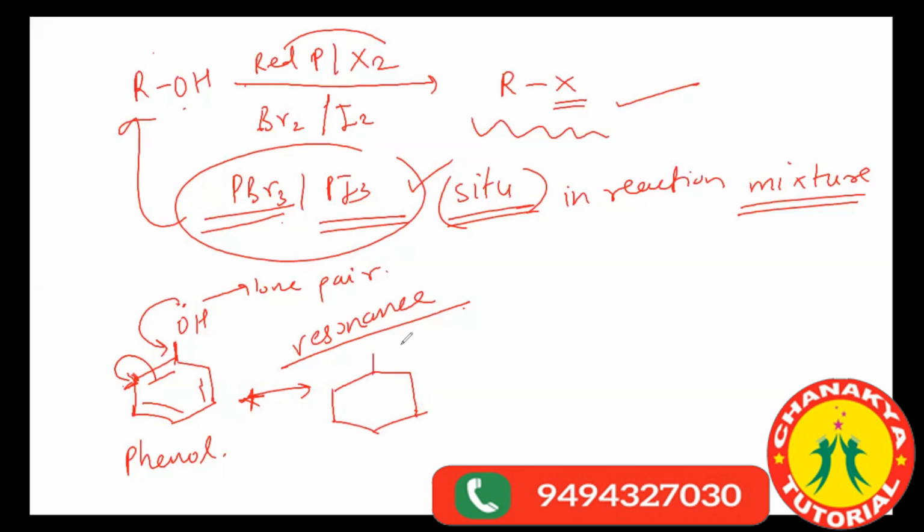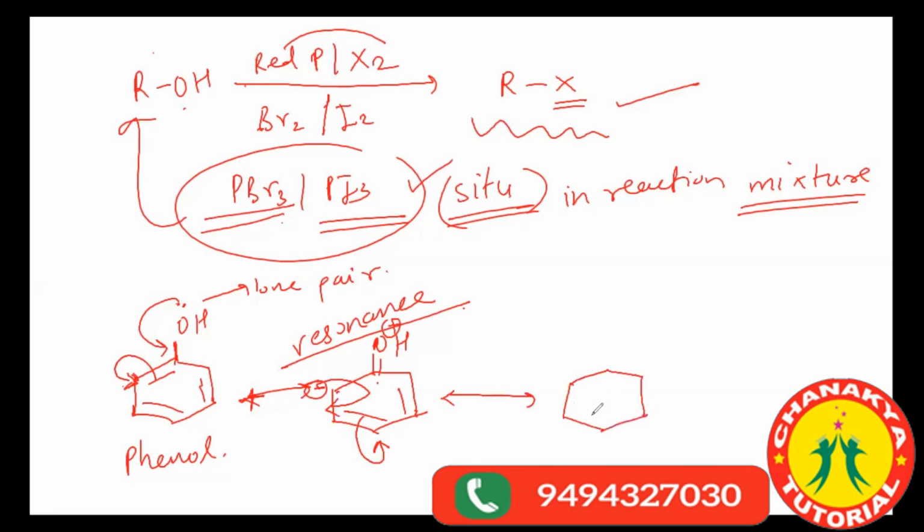So it becomes a double bond to OH, and oxygen becomes positive in nature due to donation of the electron for the formation of the double bond. This double bond has been shifted as a negative charge at the ortho position of phenol, and the other two double bonds stay as they are. Now this negative charge again forms a double bond here, and this shifts here. You get another resonating structure.